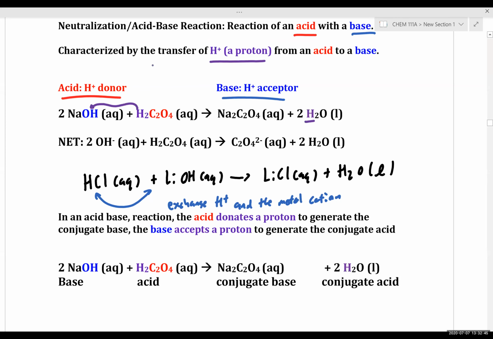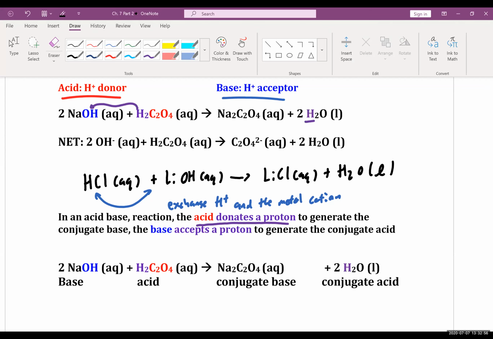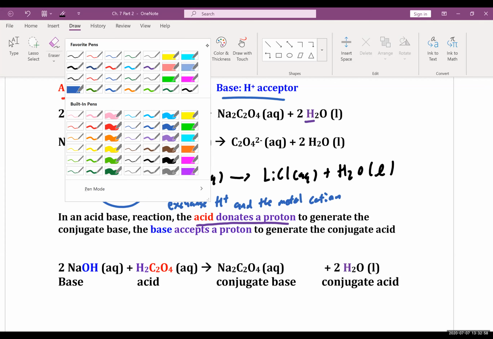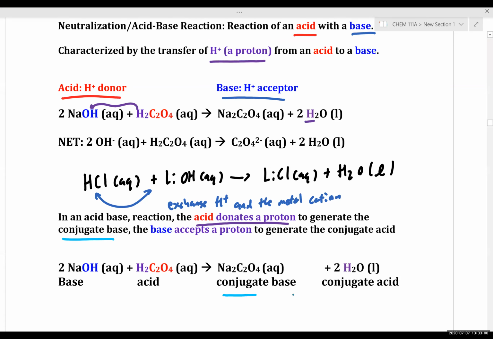Now, in an acid-base reaction, the acid donates a proton, it gives H+, loses H+, and that in turn generates what is known as the conjugate base. So the acid and conjugate base are related by H+.